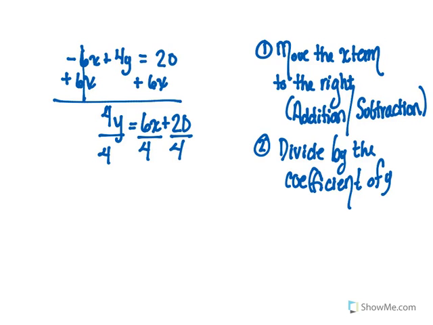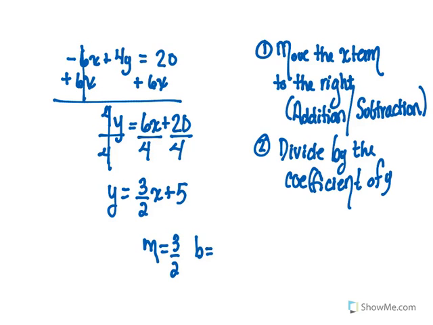So when we do this, we're going to reduce, we get y is equal to 6/4. Now we're going to reduce this fraction to 3/2 x plus 5. So my slope is 3/2 and my y-intercept is (0, 5).